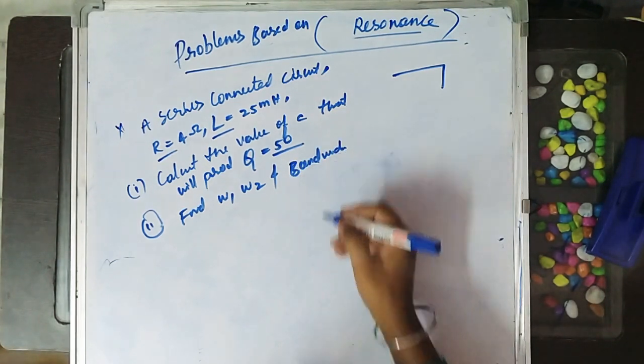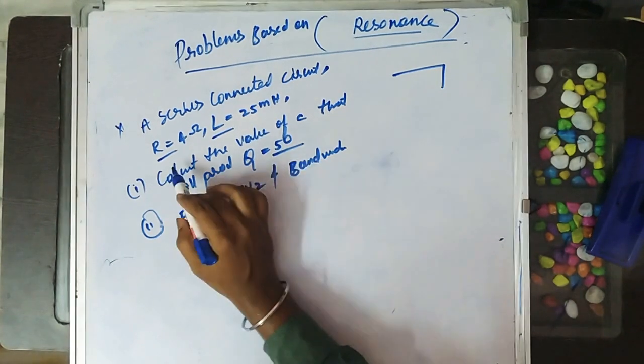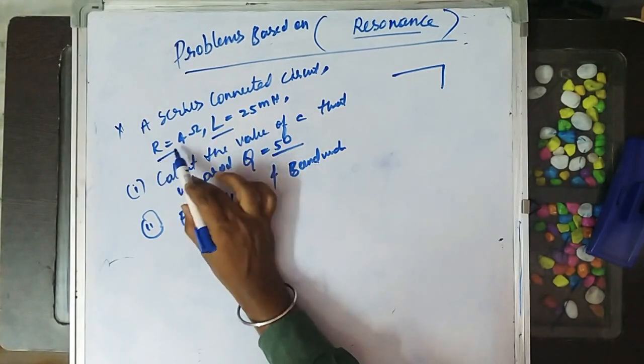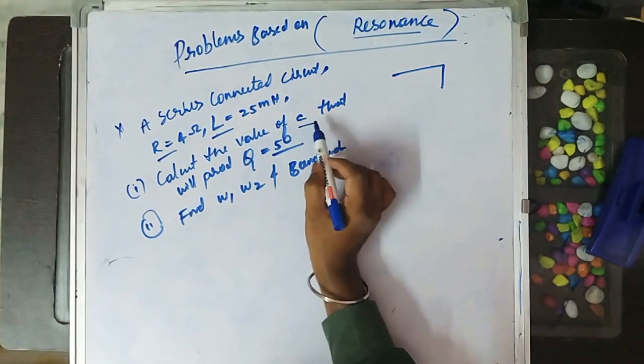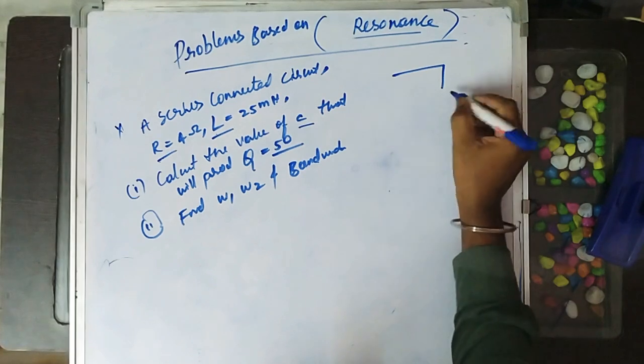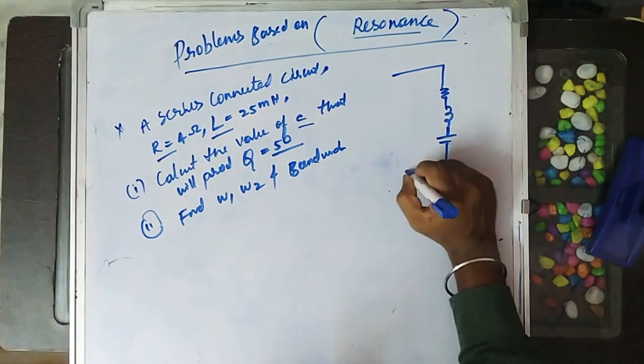So this means you have to understand that a series connected circuit is given with R and L, and he also asks to find the value of C. For this circuit there is no supply given.